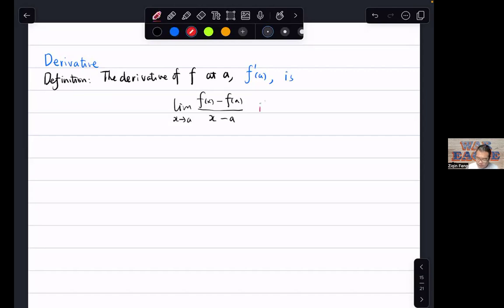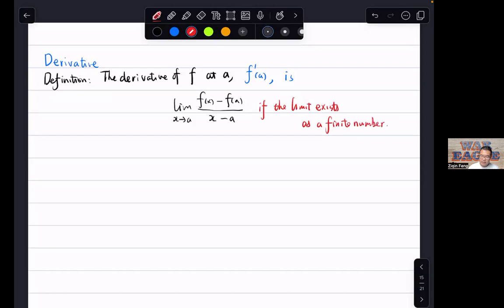So if the limit exists as a finite number, as long as this special limit exists as a finite number, we call that number the derivative of our given function at the point a.